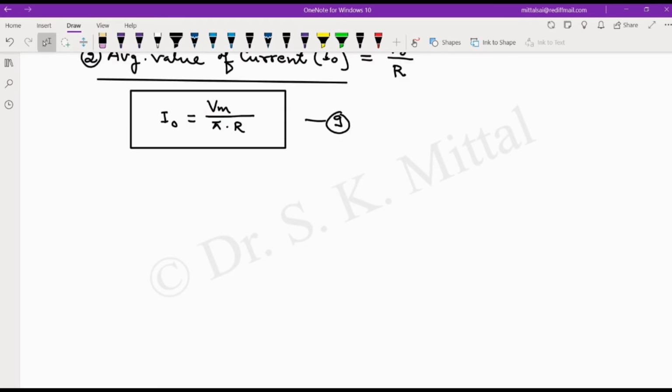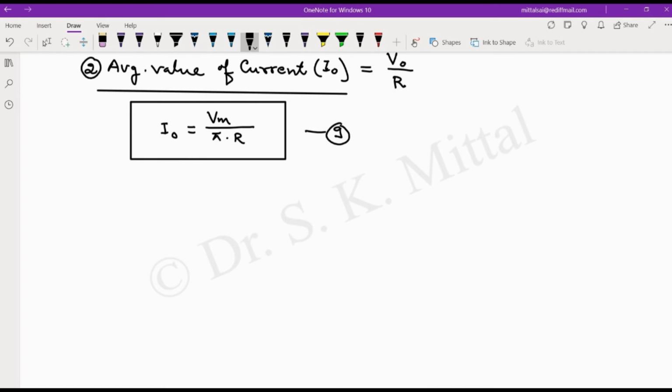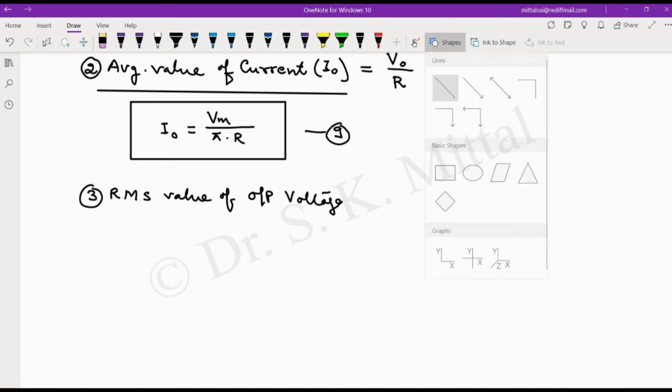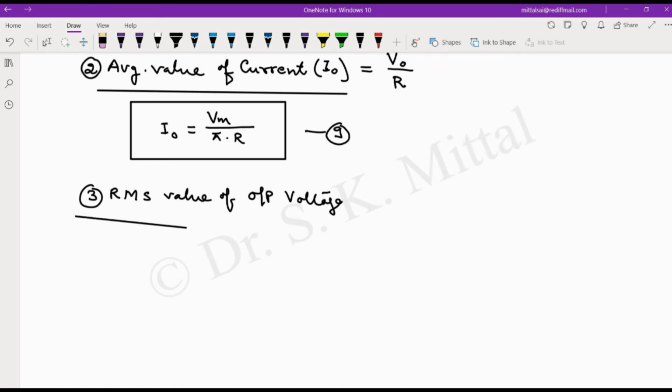Now the next calculation is the RMS value of output voltage. The RMS value of output voltage is calculated by the SMR process.